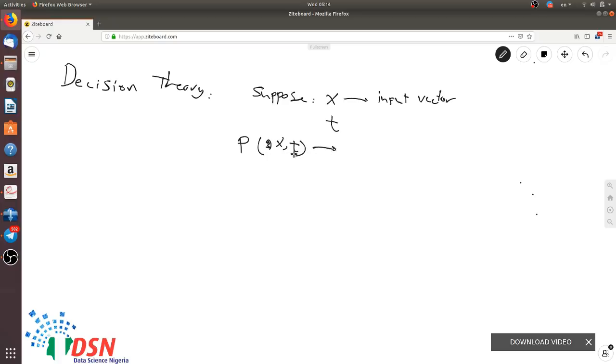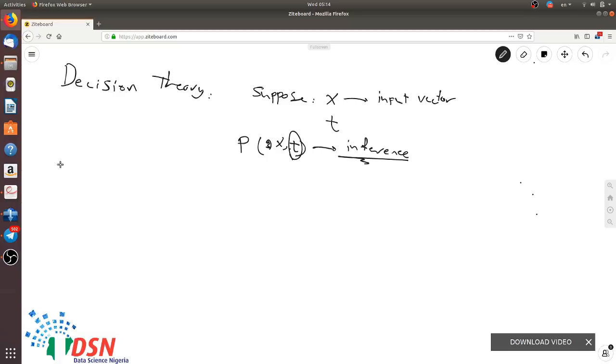Typically we call the derivation of p of x and t, the joint probability, the inference, and it is very hard and difficult to obtain an expression for calculating it. Instead, in practice, we want to make decisions based on the target values. In other words, we want to make decisions based on which value of t is more likely to happen.